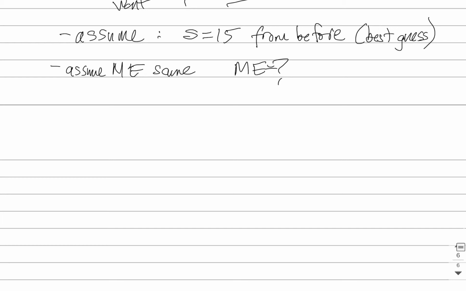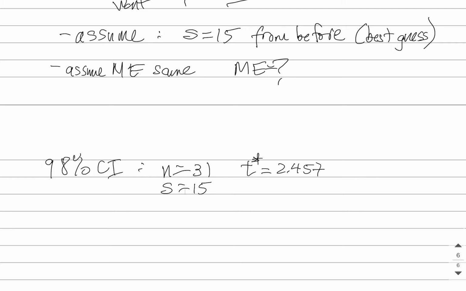You can use your previous information to do this. From earlier, for the 98% confidence interval, we had that n was 31. We found that our sample standard deviation was 15. And by using the qt function in R, we could find that this critical value was 2.457 with some change.